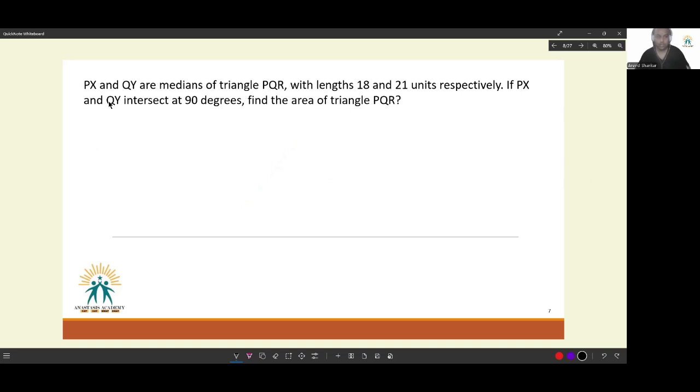Okay. PX and QY are medians of triangle PQR with lengths 18 and 21 units respectively. If PX and QY intersect at 90 degrees, find the area of this triangle. So if this is 7, this is 6, this is 12, and this is 14, the triangle would get created somewhere, something like this.